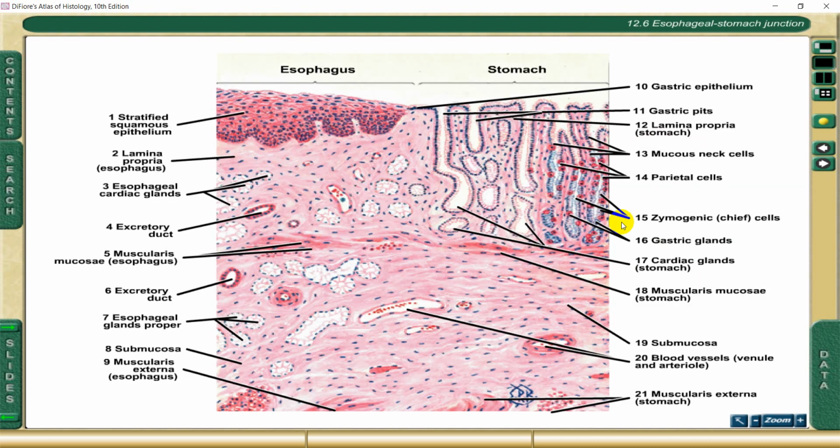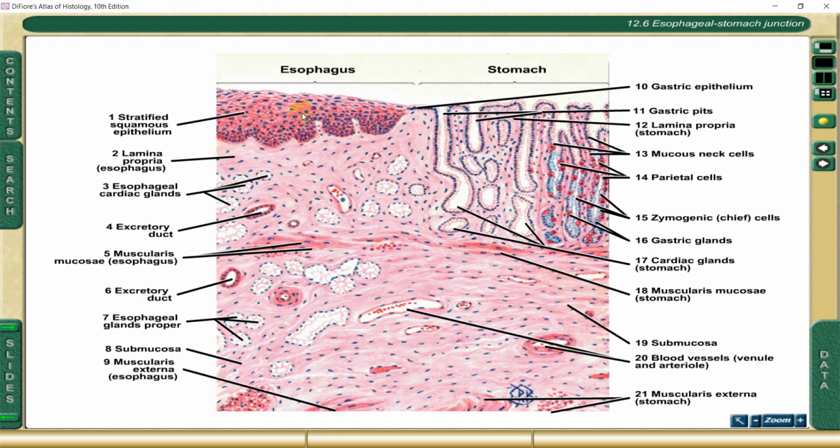If we return to the slide of the esophagus and stomach, here I will make a comparison between the esophagus and the stomach according to layers. One, mucosa. Mucosa has three layers or three regions: epithelia, lamina propria, muscularis mucosa.